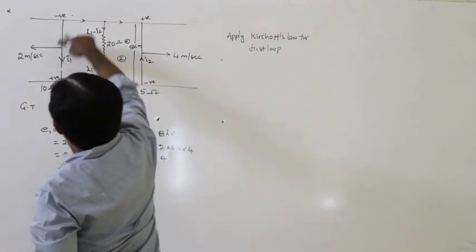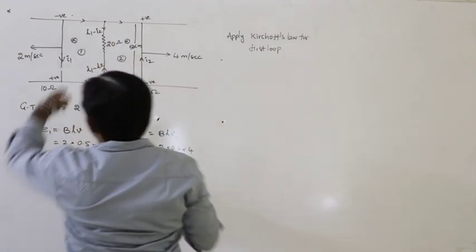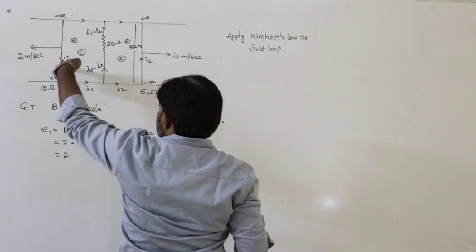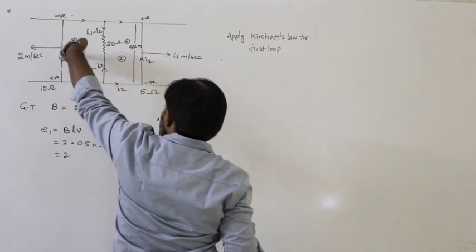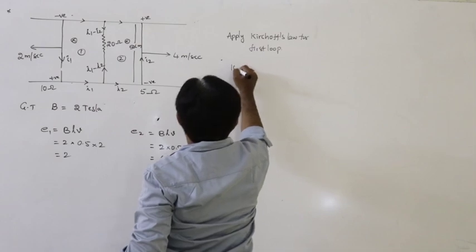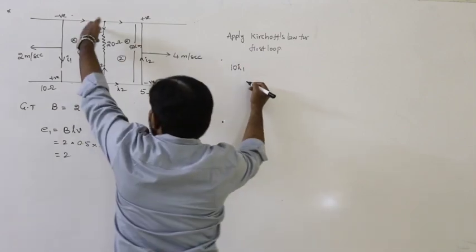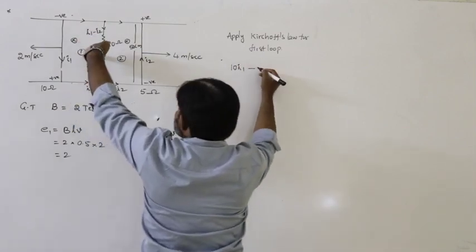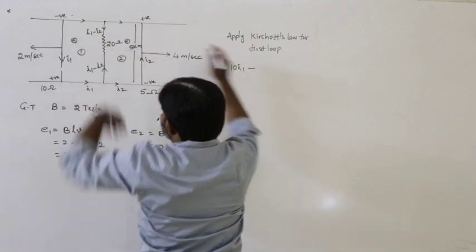So I am traversing in this direction. Here we are moving opposite to the direction of the current, that is positive. So that is 10 I1, and here also it is opposite.